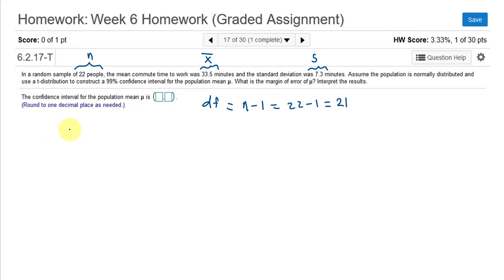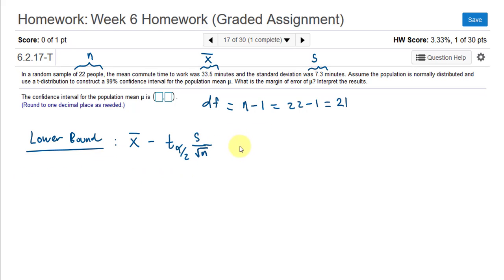Now what is the formula to find the confidence interval for the population mean mu? We have the lower bound and the upper bound. The lower bound is found by the formula x bar minus t alpha over 2 multiplied by s over the square root of n.